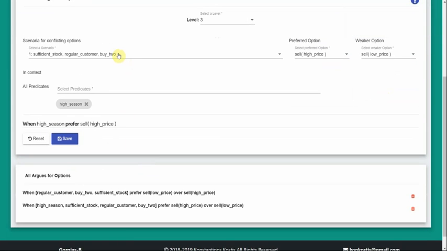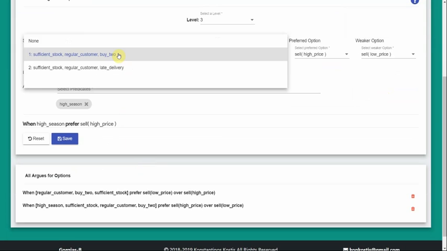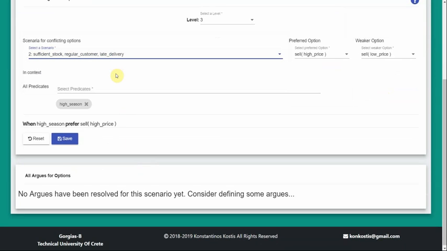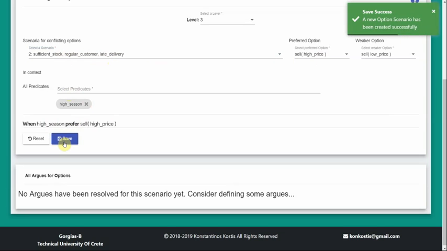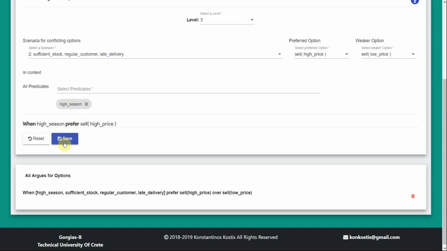Good. And I want to do the same for the second scenario here. When the regular customer wants a late delivery, again, when it's high season, I prefer to sell in high price. Okay. Yes.